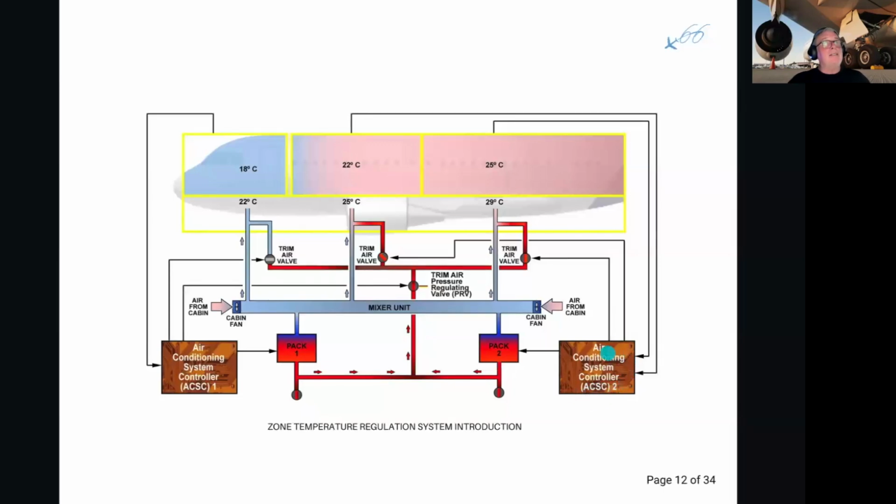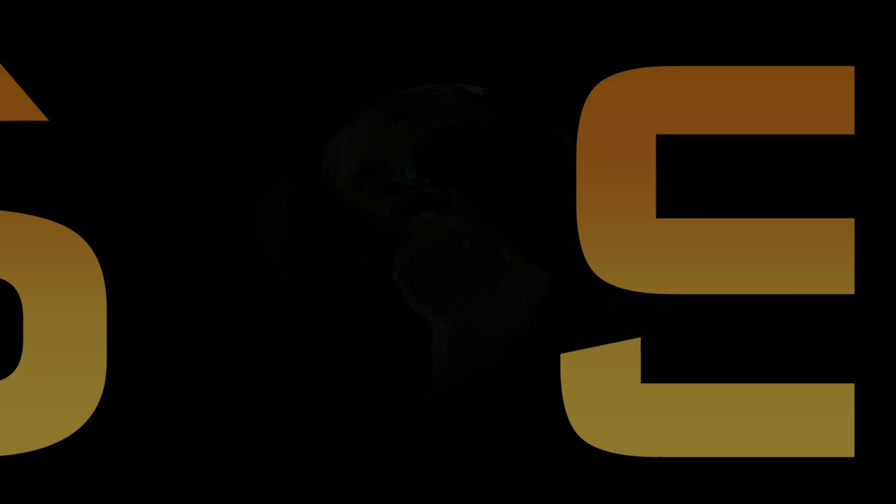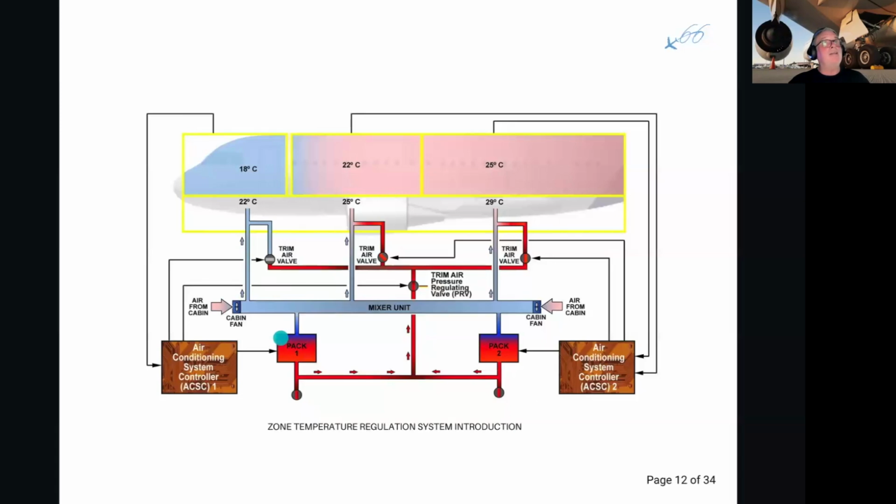The ACSC number 1 controls all the systems in pack 1, what they need to do to provide the air, okay, temperatures and everything for what the pilot has selected.